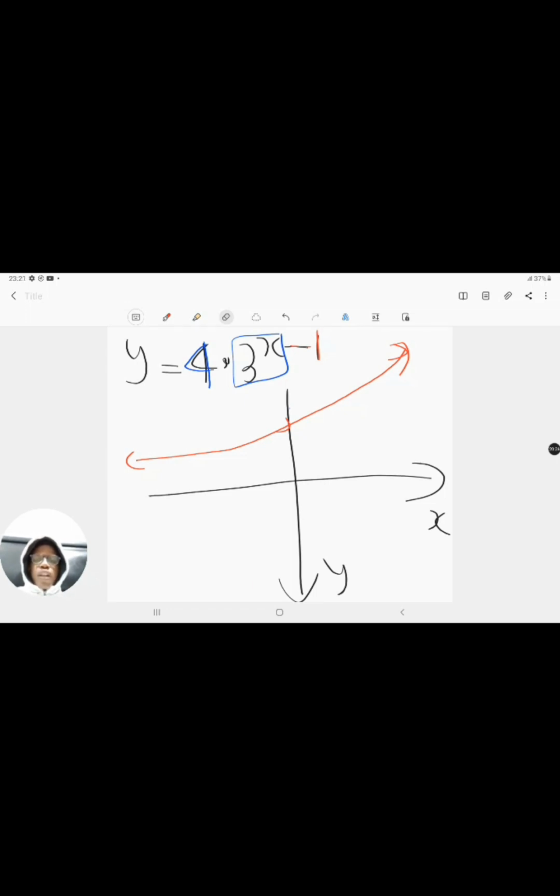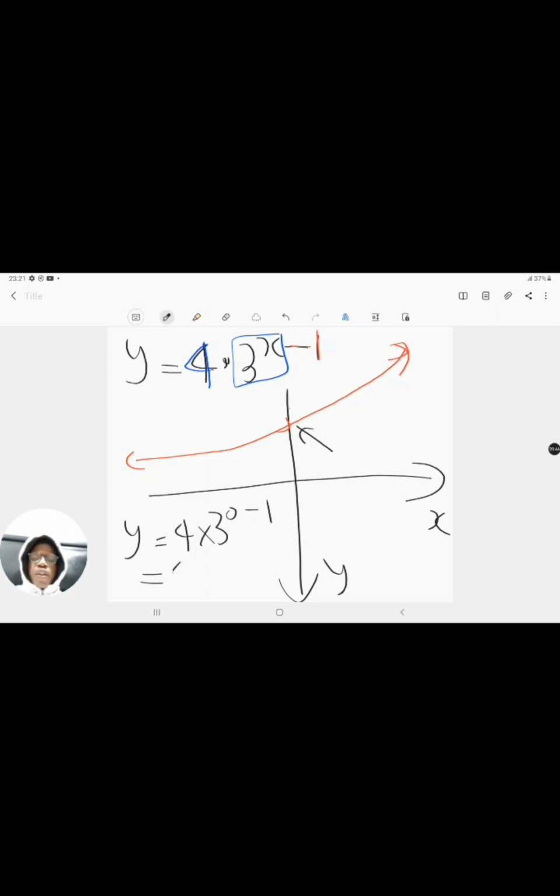Then you can calculate the value of your intercept by substituting x is equal to 0. So y is equal to 4 times 3 to the power of 0 minus 1, and then you can solve.